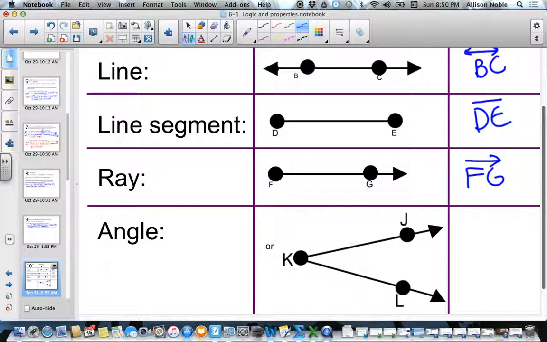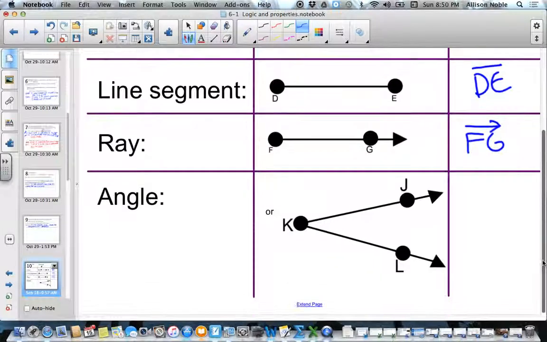And then angle, this specific angle right here, as it's written like this, there are 3 different ways to write it. You could write it as angle K or angle K. I usually draw a little dash mark through mine. You can name it as angle JKL or as angle LKJ.